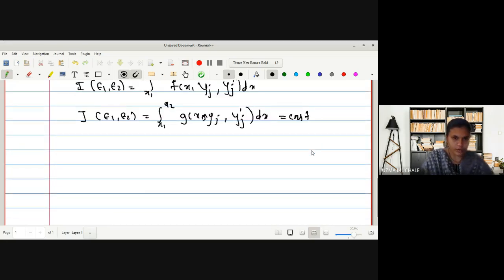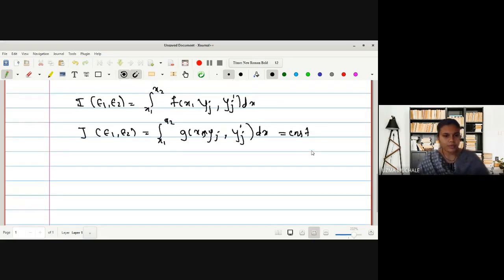Now we have been provided that the value of integral J is equal to some constant number. In this method, we are going to use a Lagrange's multiplier. That is, to extremize I under the condition of J, we use a Lagrange's multiplier. So extremization of I under the condition of J is equivalent to finding the extremization of I star. Corresponding to I star, we should have F star.